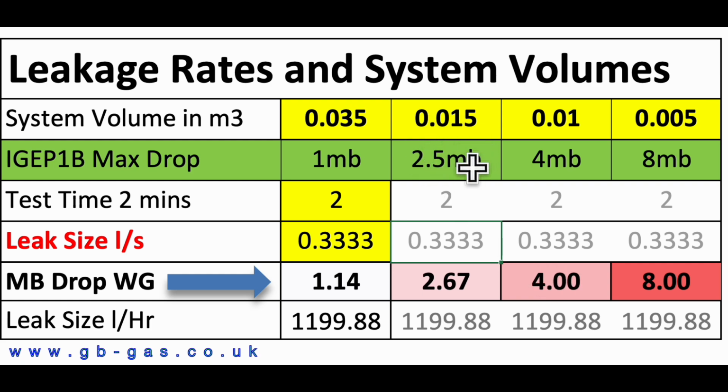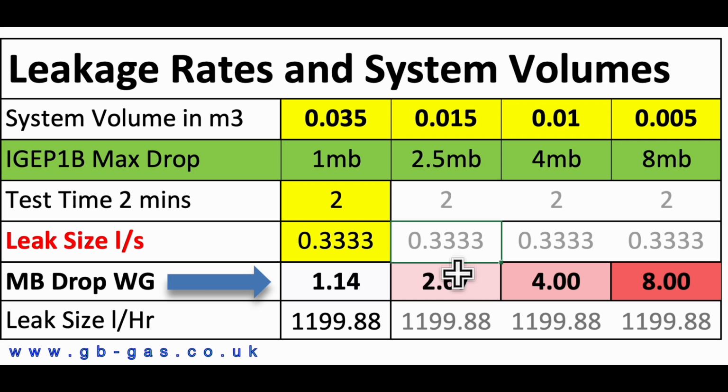We're allowed a 2.5 millibar drop, and it's 2.67 is what we're getting. And again on here, we're only allowed a 1 millibar drop. We're at the 1.14. So thinking about that, we're at 0.33, almost 0.34-ish litres per second. Calculating that up would be 1,199 or almost 1,200 litres per hour leaking into the system.